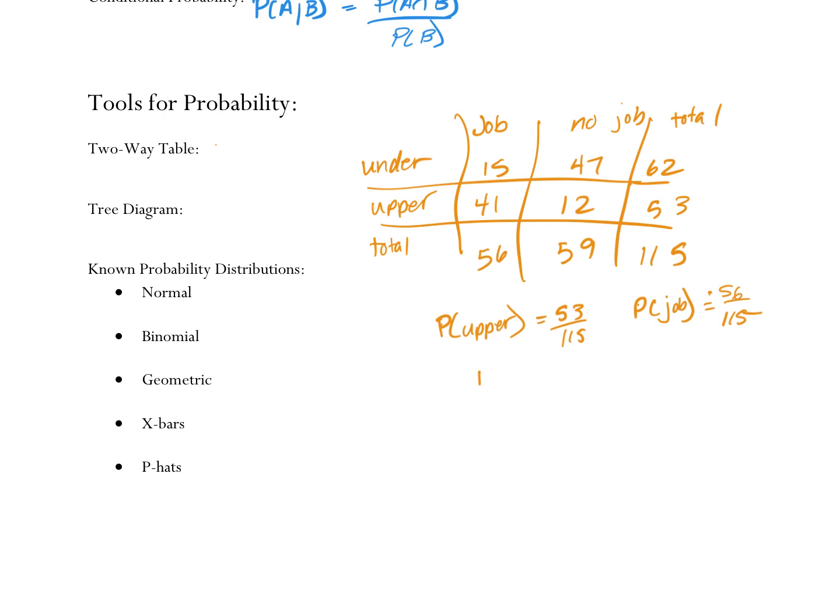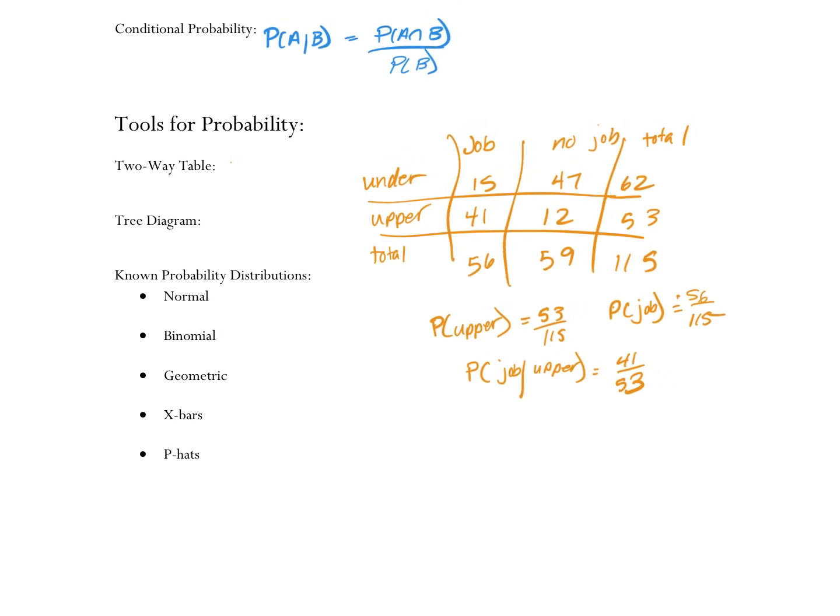And what is the probability somebody has a job given that they are upperclassmen? 41 out of what? Oh, 41 out of 53. Now, so AP exam's coming, you know we're finding a given probability. This is when we might go back up to this formula to help us see that, right?